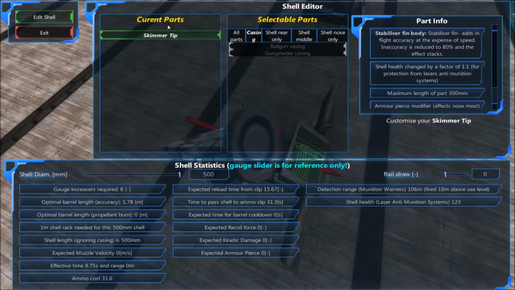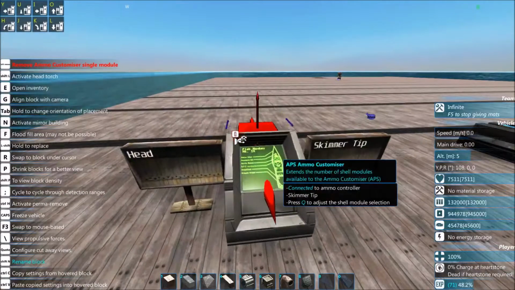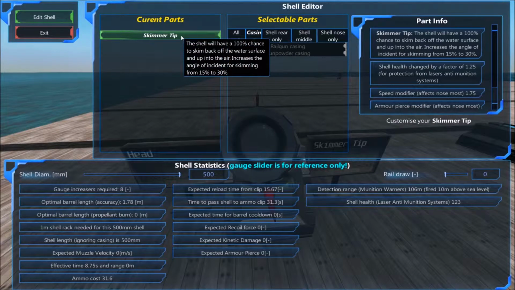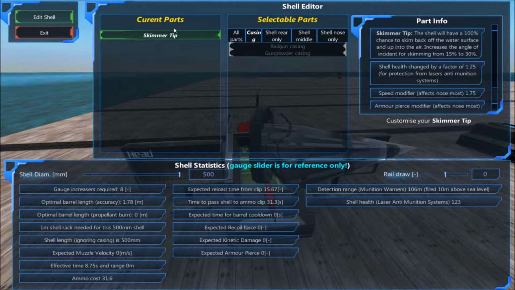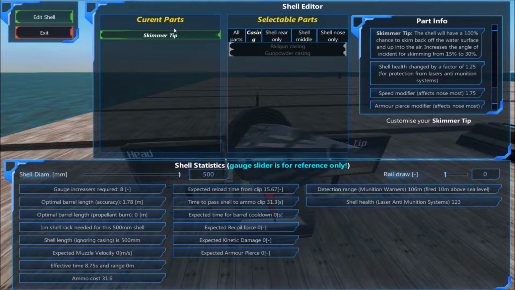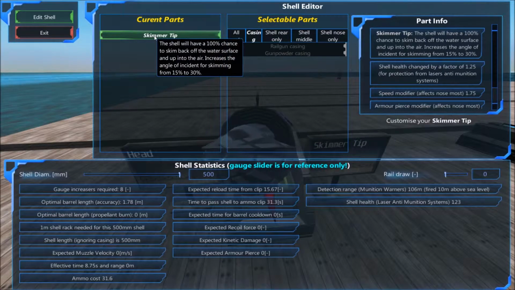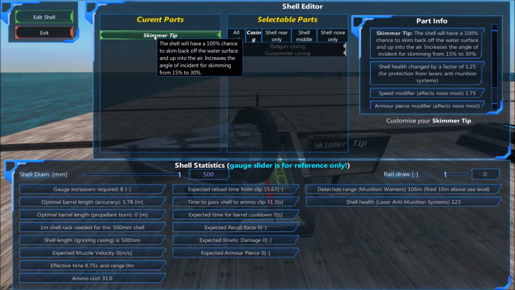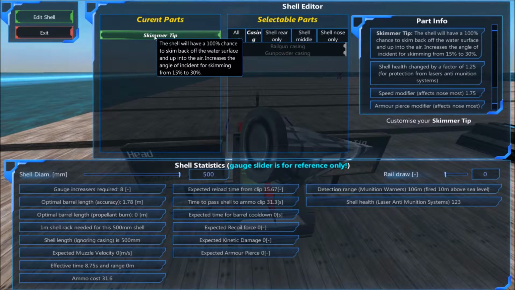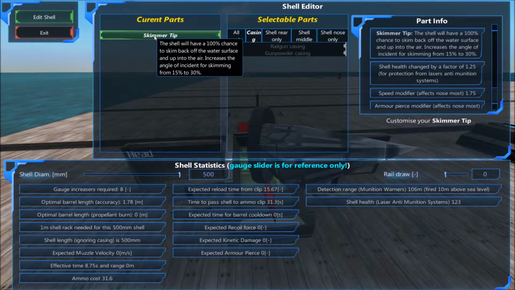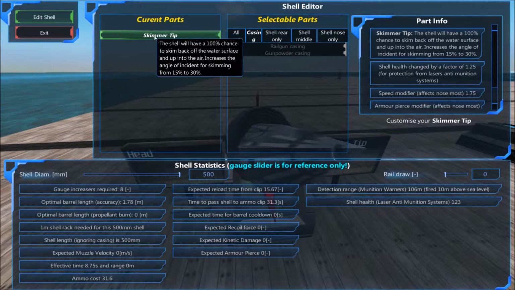What's special about it is, if you have a normal shell without a skimmer tip, and your shell hits water at an angle that's shallower than 15 degrees, then the shell has a chance of bouncing off the water. I don't know exactly what that chance is. It's something like 50-50.